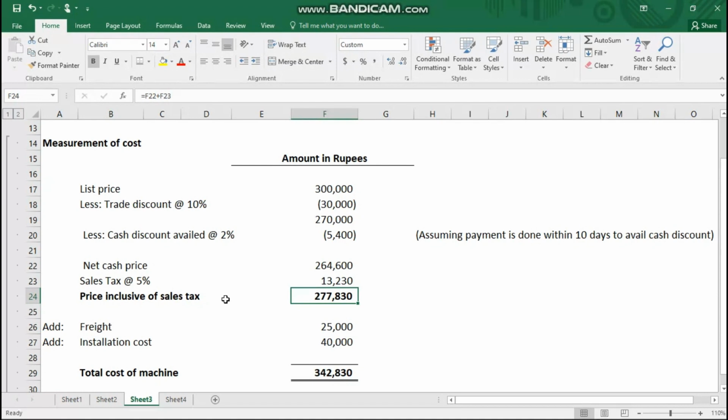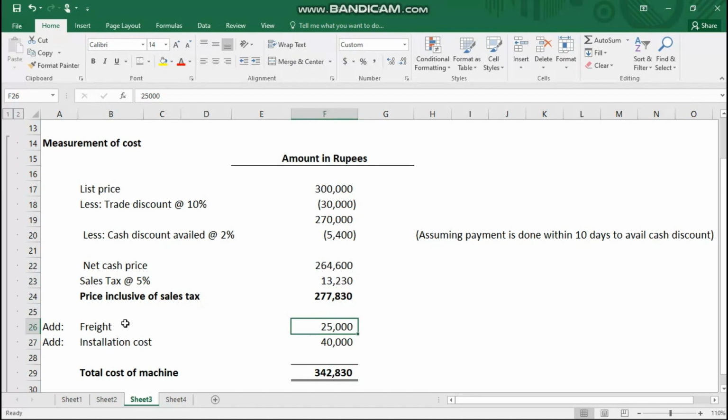So this is the cost of the machine, plus we incurred some other items in bringing the machine to the factory. First of all, there is the transportation or any freight that is incurred, because we will be transporting the machine from the place where it was purchased to our factory. So some transportation costs must have been incurred.